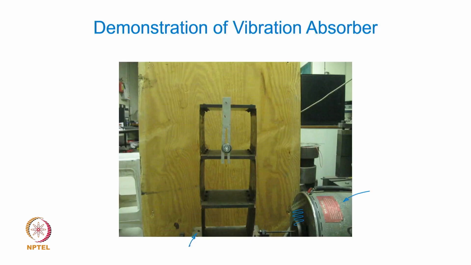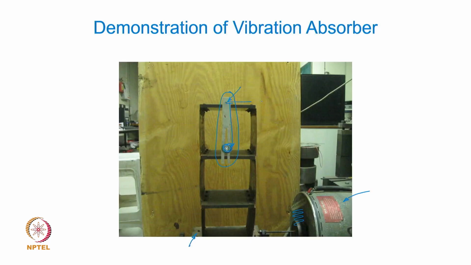and you can set the frequency to match one of the natural frequencies of this setup, so that you can explore whether the vibration absorber works or not. So what we have done is, you can see an arrangement here at the top floor, something similar to what the IIT building has. It's essentially a pendulum having an effective length equal to this, with a mass which is bolted here.